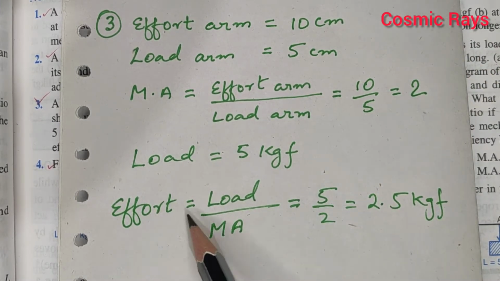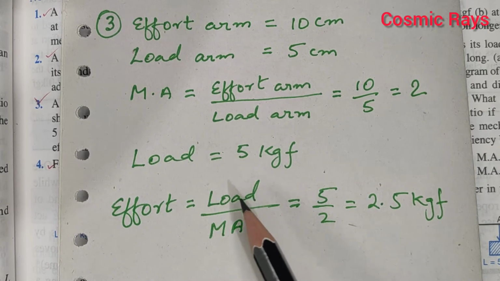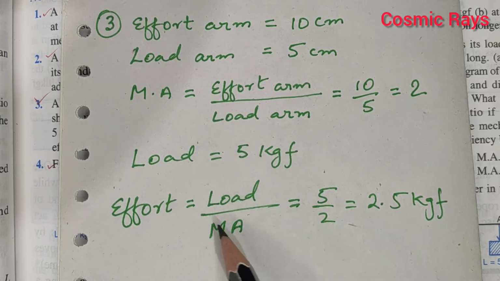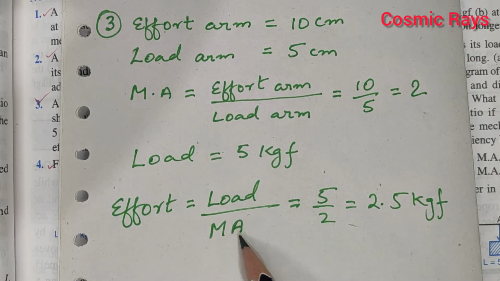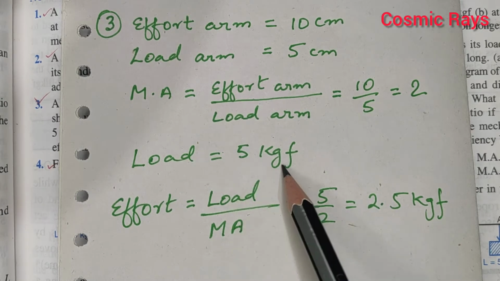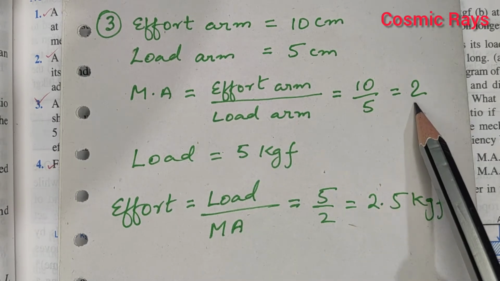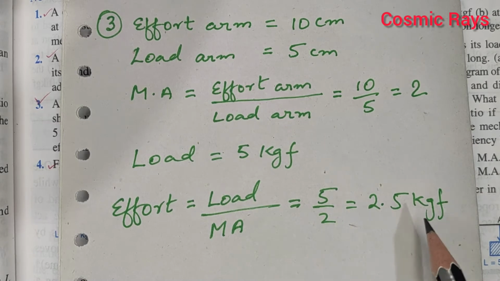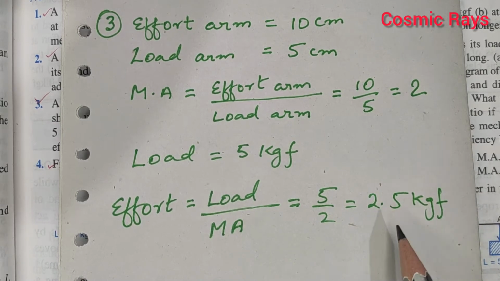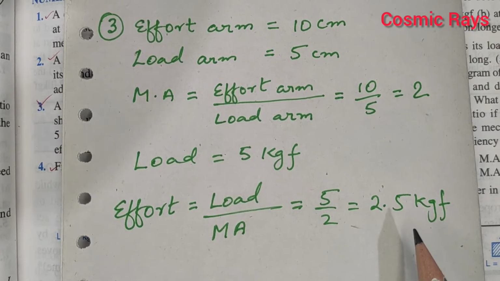So from that formula of mechanical advantage, we are just interchanging the position of effort and mechanical advantage. So effort is equal to load upon mechanical advantage. Load has been given to us and mechanical advantage we have calculated to be 2. So 5 divided by 2, the effort required is 2.5 kgf.